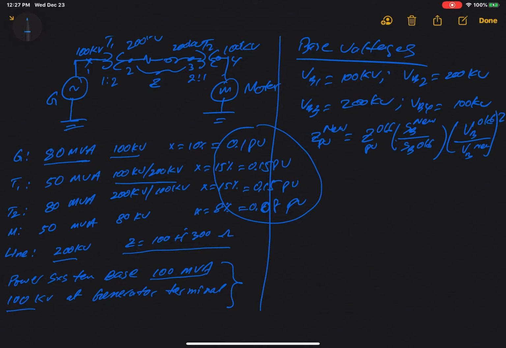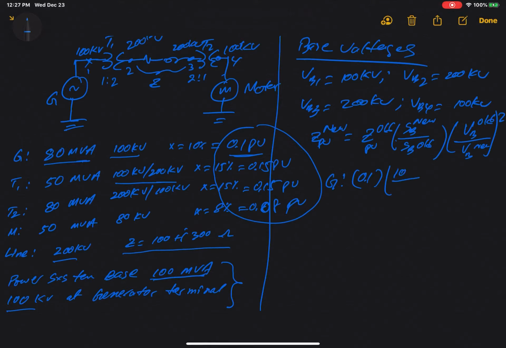I'm going to apply this equation to each of the components. First, start with the generator. I know its old per unit impedance is right here, that would be 0.1, right? Then I know the new base would be my base over here, which is 100 MVA.